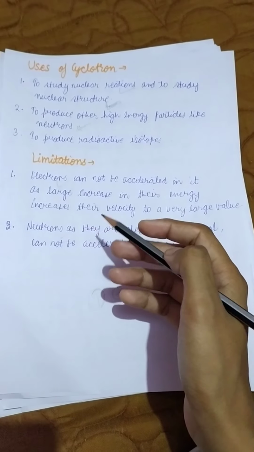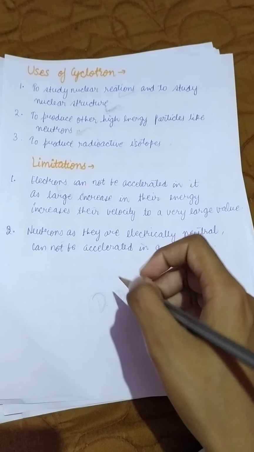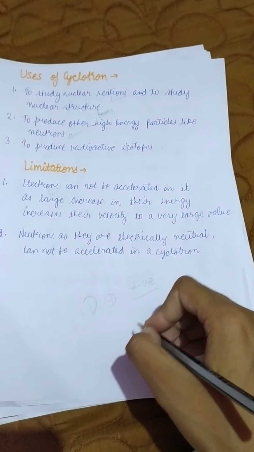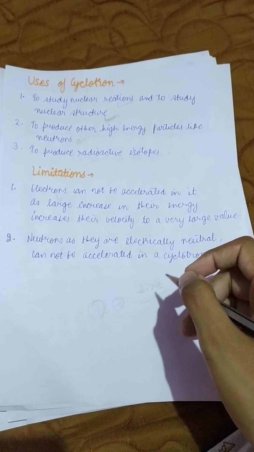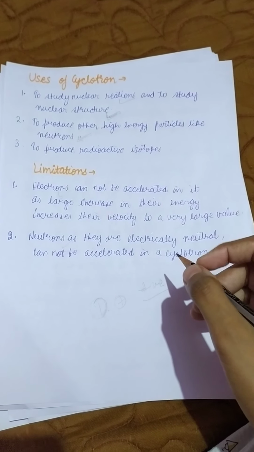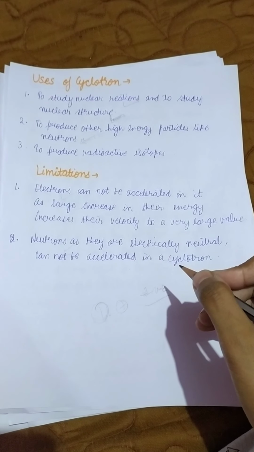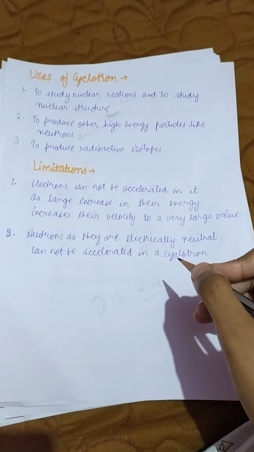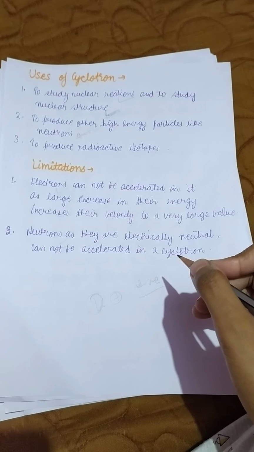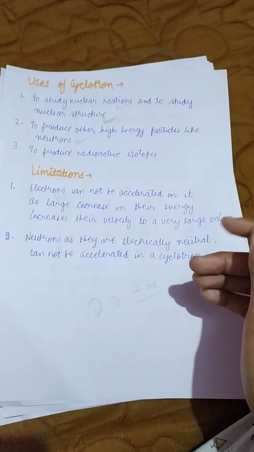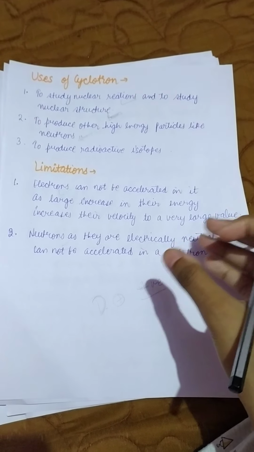Why? Because when we put an electron inside the cyclotron, the energy of the electron goes to a very high value. If its energy increases, the velocity also increases to a very high value. As the velocity becomes very large, it becomes very difficult to capture the electrons.